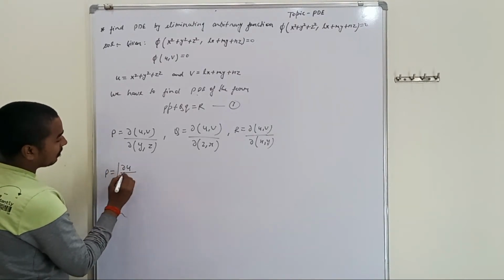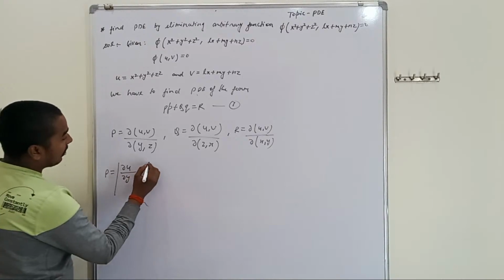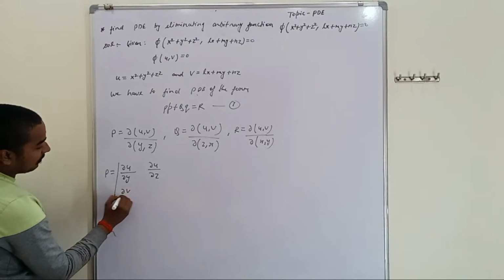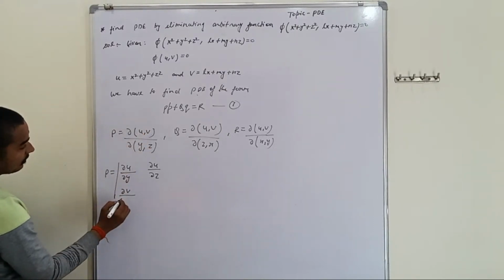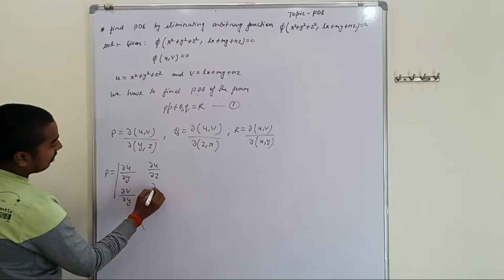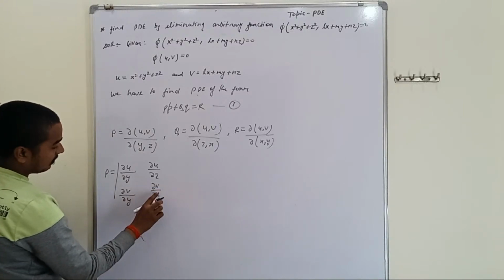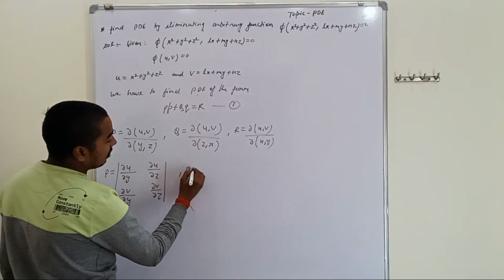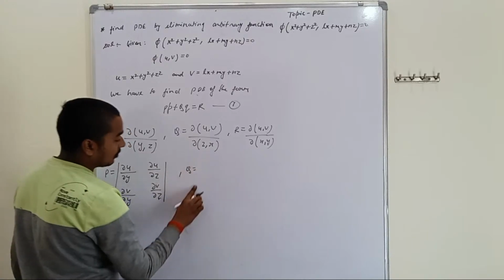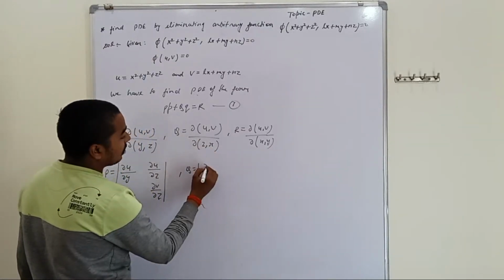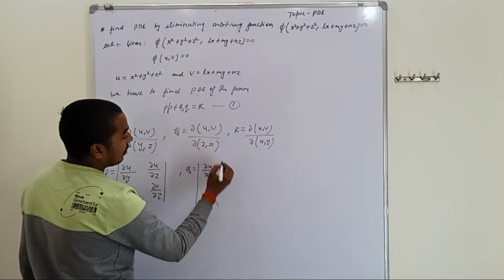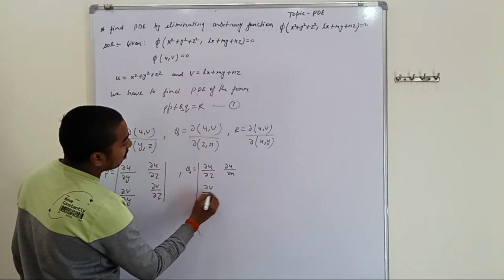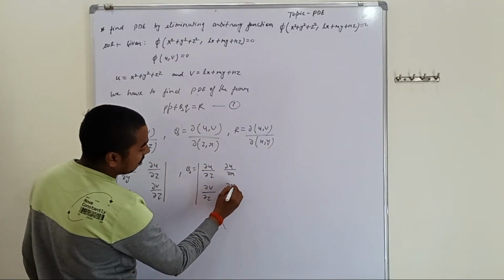We know that p is equal to the determinant of del u upon del y, del u upon del z, del v upon del y and del v upon del z, and q is equal to the determinant of del u upon del z, del u upon del x, del v upon del z and del v upon del x.